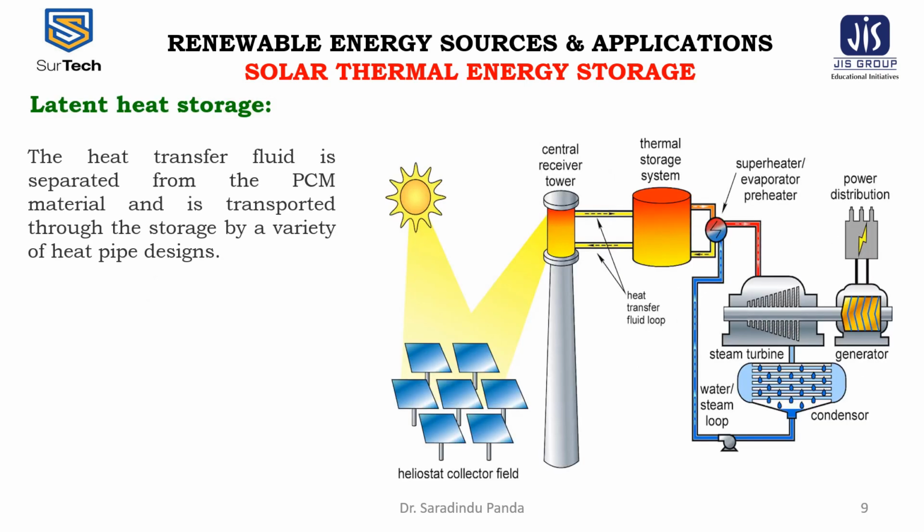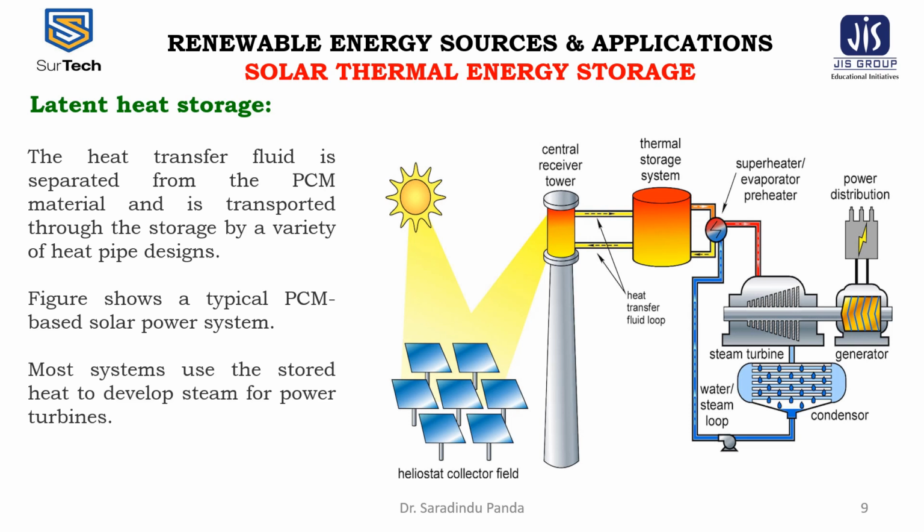Now the heat transfer fluid is separated from the PCM, phase change material, and is transported through the storage by a variety of heat pipe designs. The figure shows a typical PCM based solar power system.